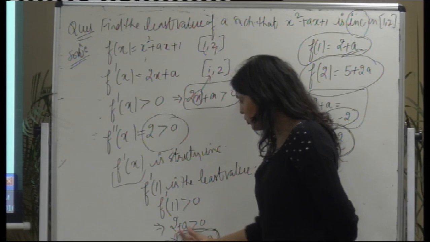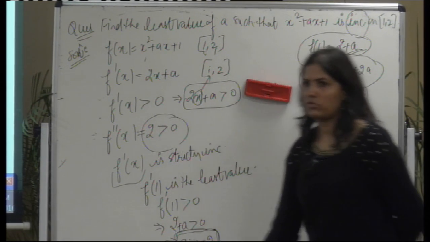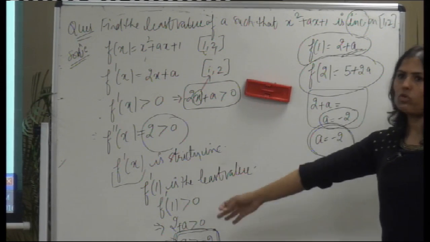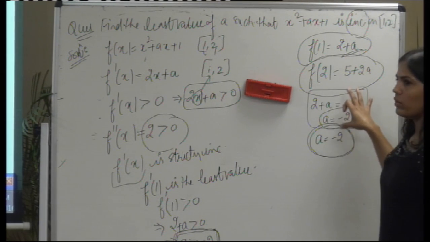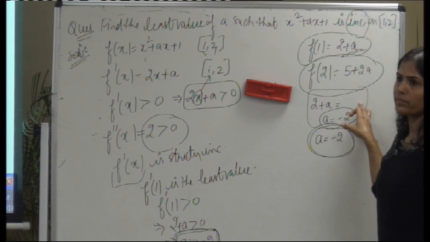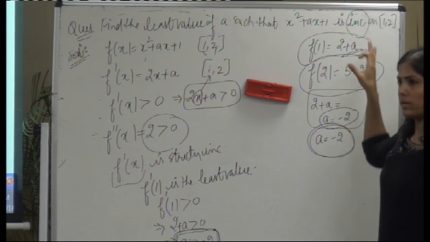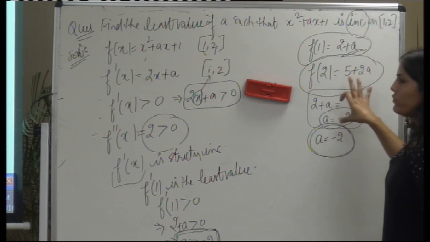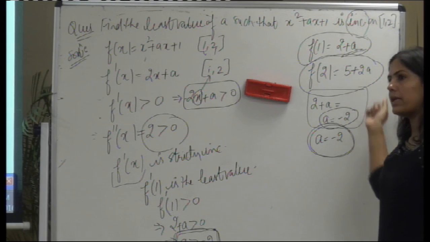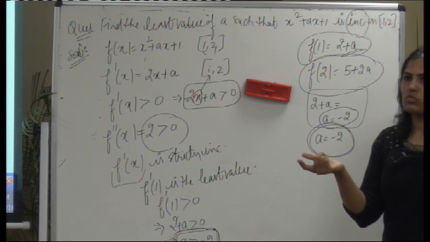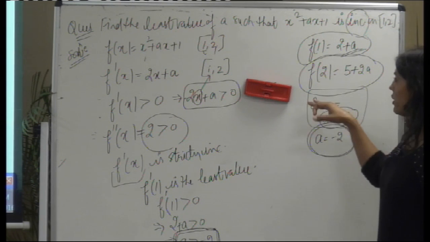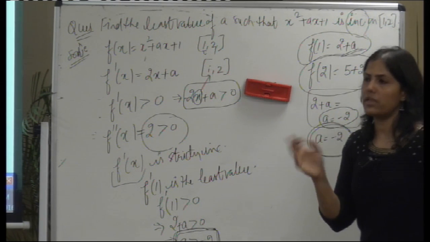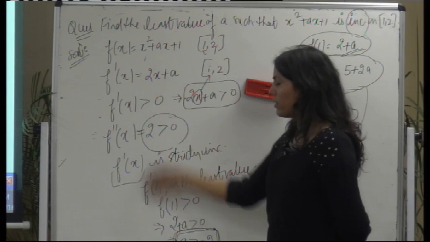It means 2 plus a is greater than 0, a is greater than minus 2. This fact I used, and I am very strong now to answer that this will be the least value. Who answered a is minus 2? If whichever fact she used is applicable for every question, it is okay. But if the fact she used does not help for other questions, then you should go to the proper method.